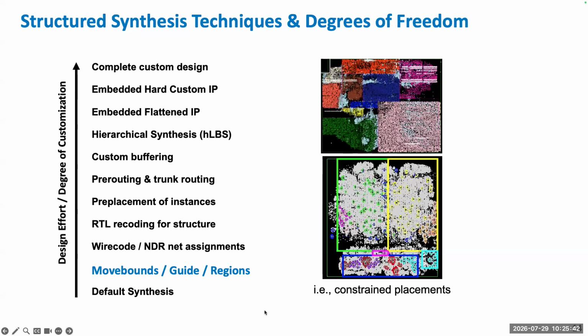I mention this one at the bottom because it's a nice broad brush, and I can grab a lot of objects by a regular expression, put them in a box, and that's all I have to do. I basically need the expression of the instances and the area where I want to put them, and that's all the effort I need to put in. And then I can guide the tool. So that's one nice approach.